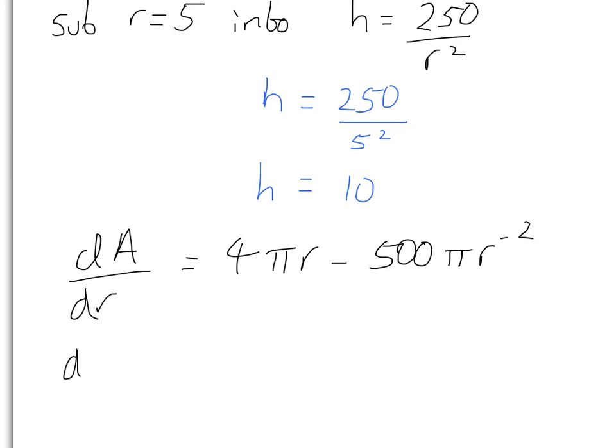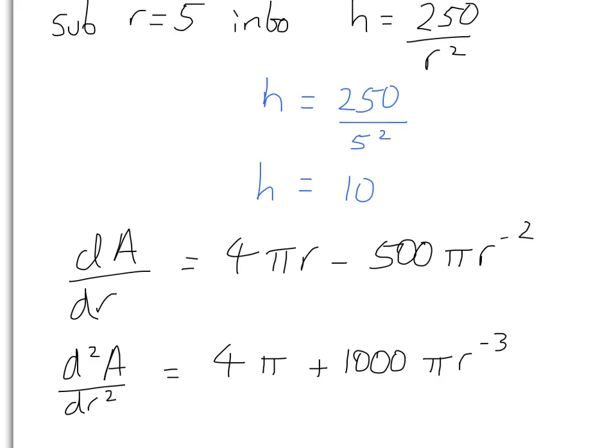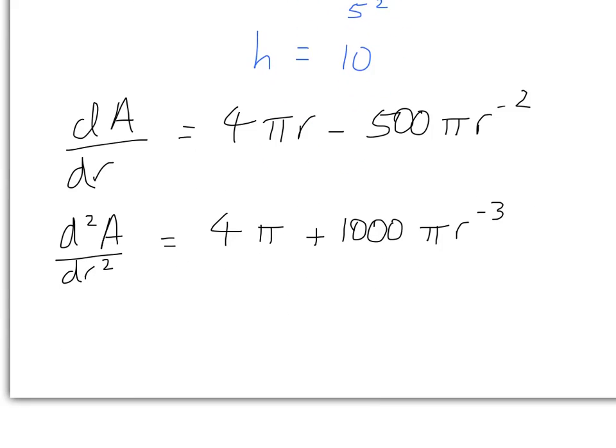And if we find the second differential now, we're going to get 4 pi minus 2 times minus 500 is 1000, and then we're going to have pi r to the power of minus 3. And we're going to substitute in our value of r that we found as being 5.